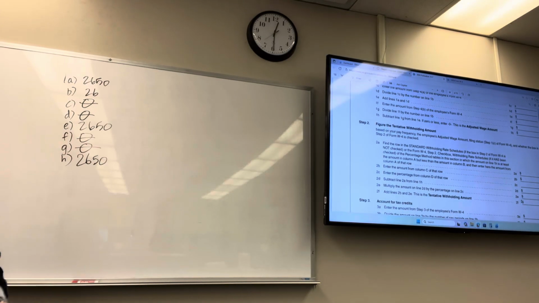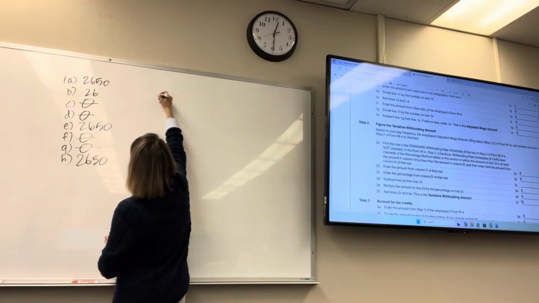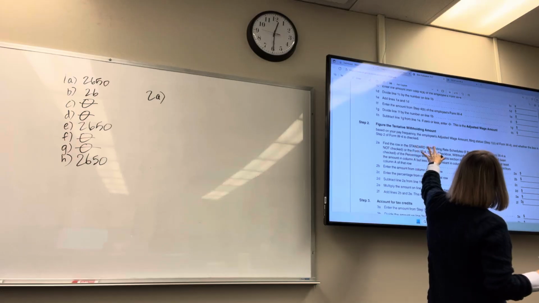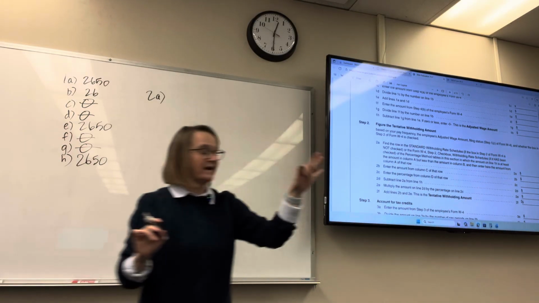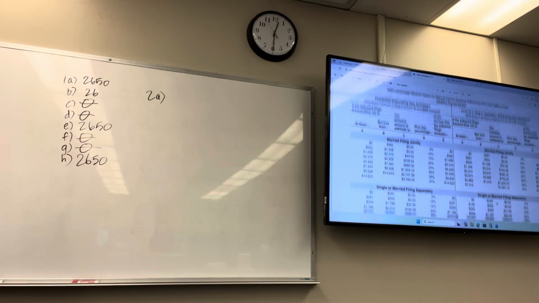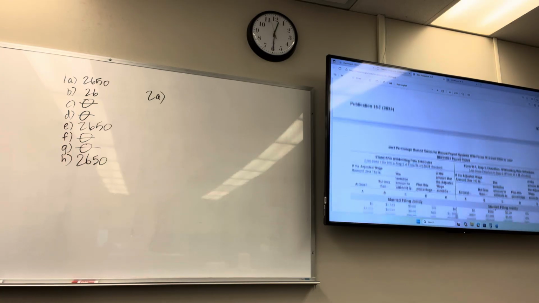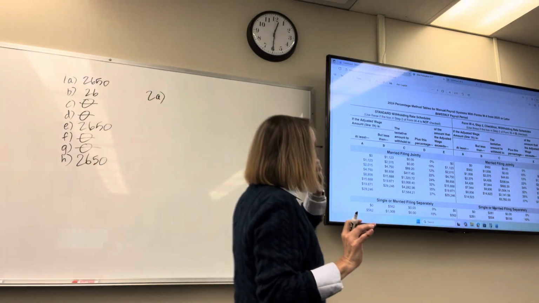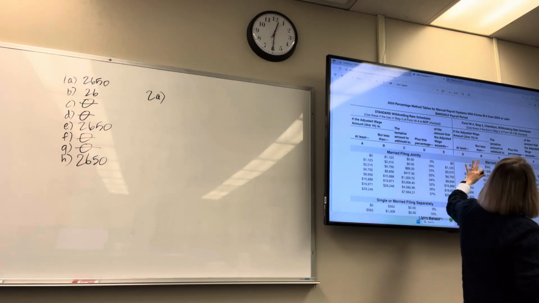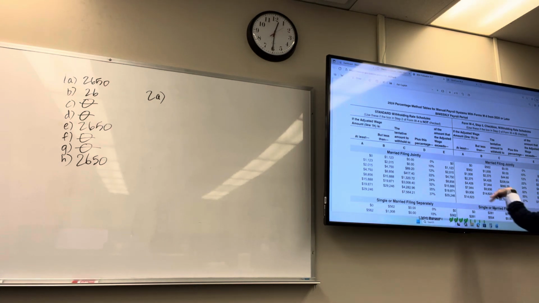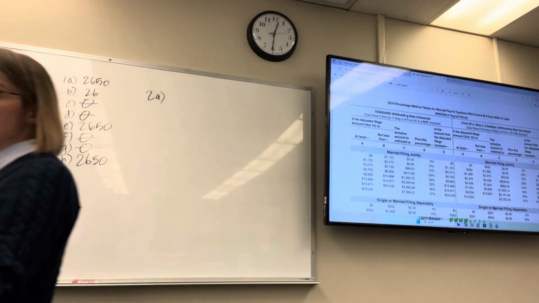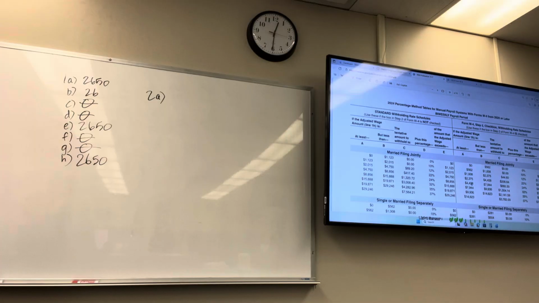Now we need to figure the tentative withholding amount. So 2A. We're going to find the row. Based on our pay frequency, we've got to find the correct table. She is paid bi-weekly, so we're going to scroll down to the bi-weekly table. She's married, filing jointly, so it's going to be one of these two. Checkbox is checked, so we're going to use this table here. Remember, we're going to look up the amount in column A for the row that we're using.